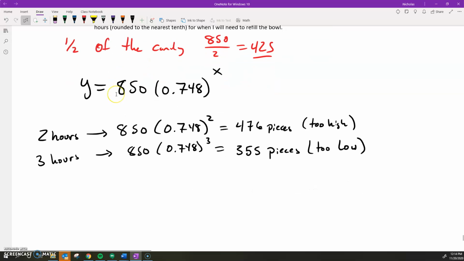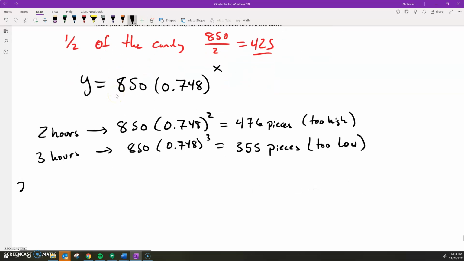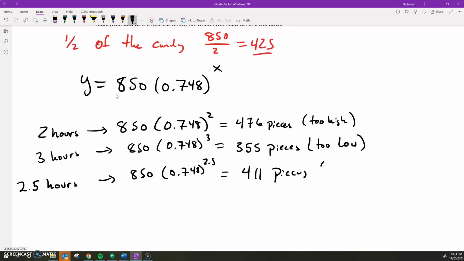Notice we have to round to the nearest tenth, so we need 1 decimal. Let's say 2.5 hours. 850 times 0.748 to the 2.5. I get 411. We want 425, right?